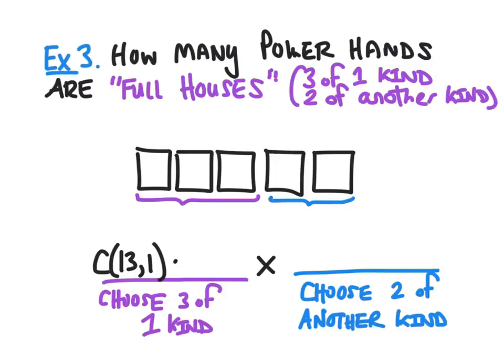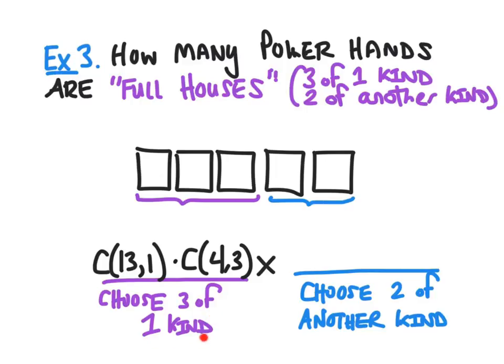Now, once we have the kind figured out, so you might say, I'm going to choose aces. Well, you have a few different ways that you can pick 3 aces from the available 4. And the number of ways we can do that is the combinations of picking 3 from a set of the 4 of the kind that you picked. Okay, so again, all of this multiplication here wraps into choosing 3 of one kind.